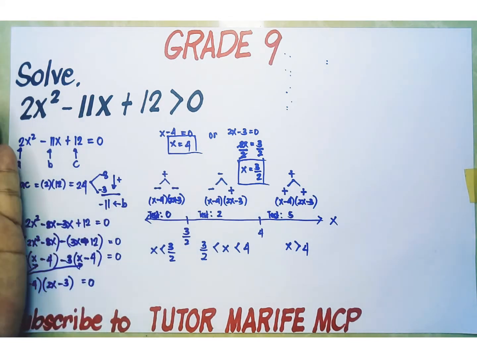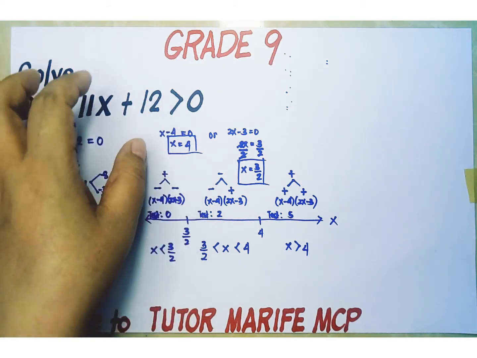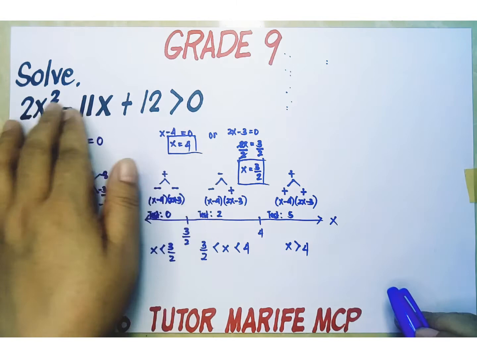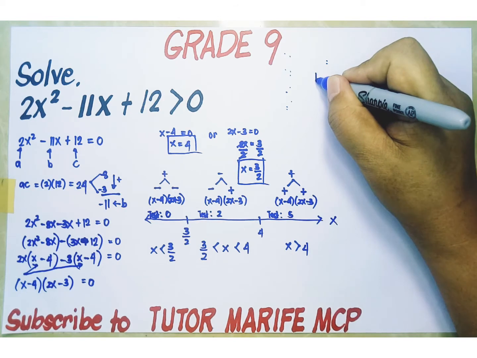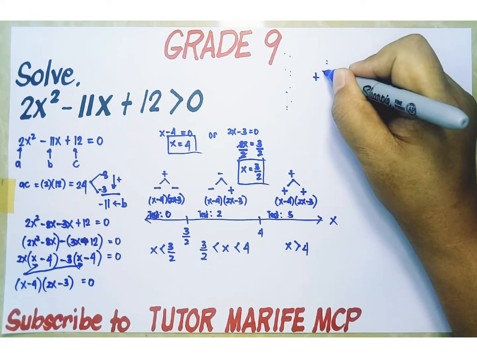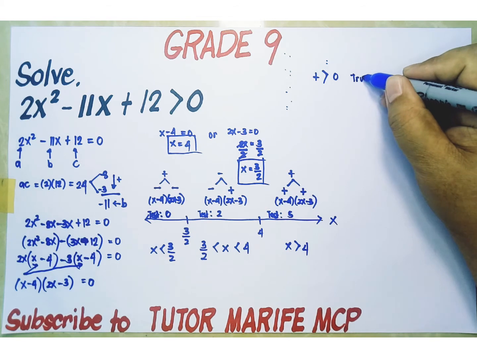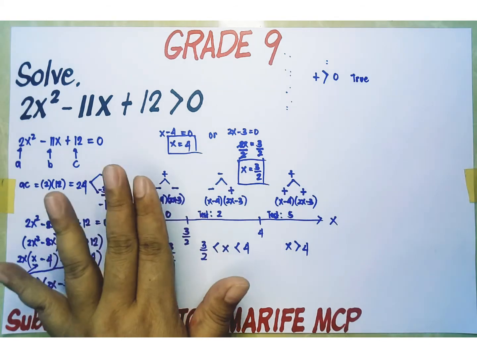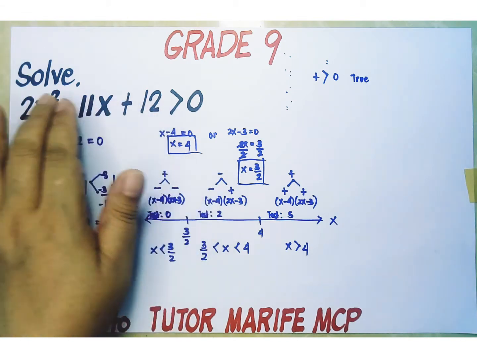That means if you plug values of x into left side of this inequality, the result should be any number that is positive. Because if your left side is any positive number, greater than 0 is always true. Okay? So, which of the three intervals will make this inequality true?